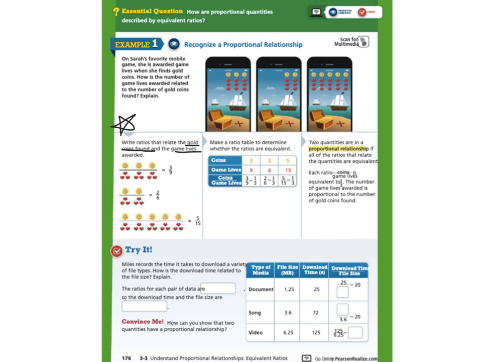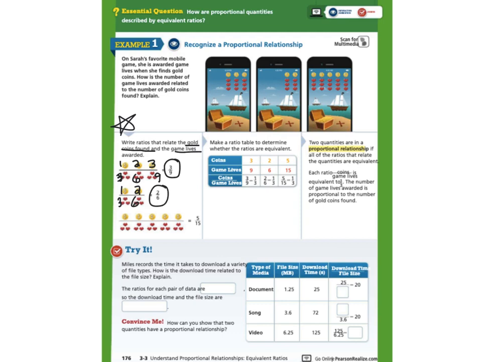On the first screen, you can see that she was awarded 3 coins and she was awarded a total of 9 game lives. So that ratio is 3 to 9. On the second screen, she was awarded 2 coins and had 6 game lives.